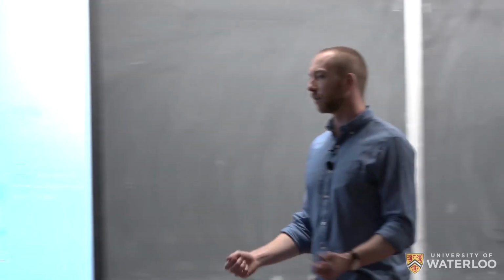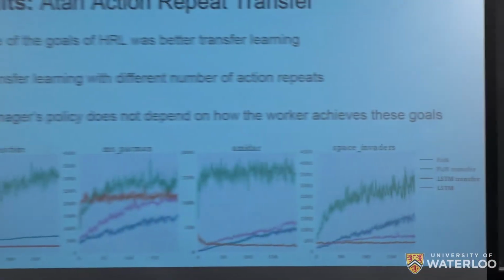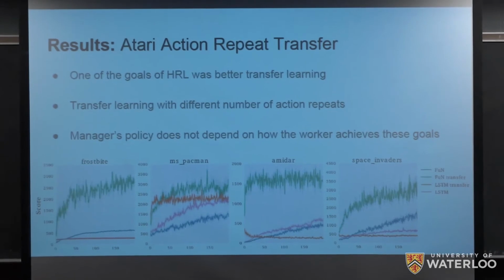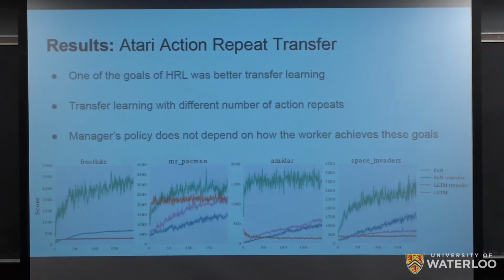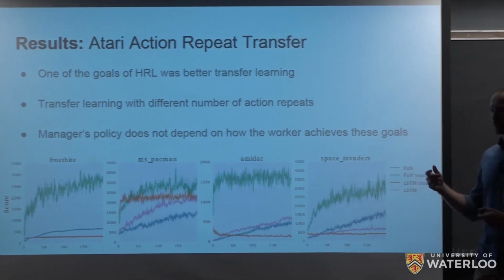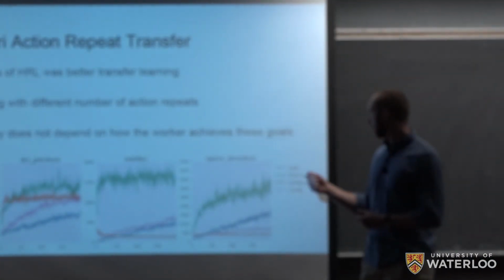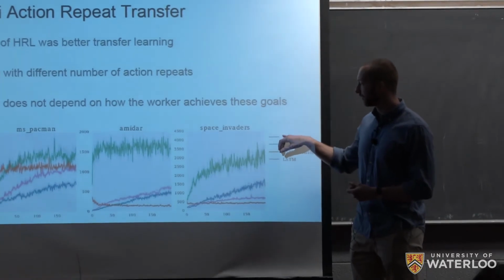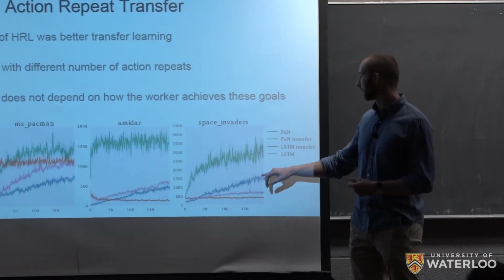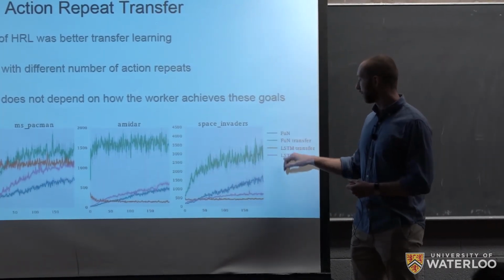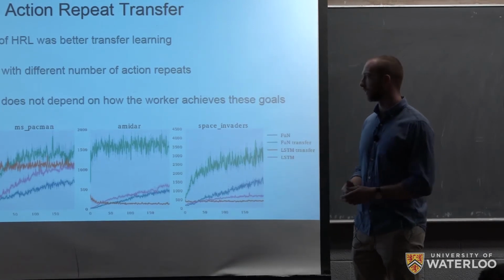another kind of main goal of hierarchical reinforcement learning is the idea of transferring. So we think that if we have this hierarchy of policies, it should be easier to transfer it to a new task. And this is what they did here. They changed the number of action repeats done playing Atari games. And they found that basically the FeUdal network performs much better than other networks if you're using transfer learning for this.